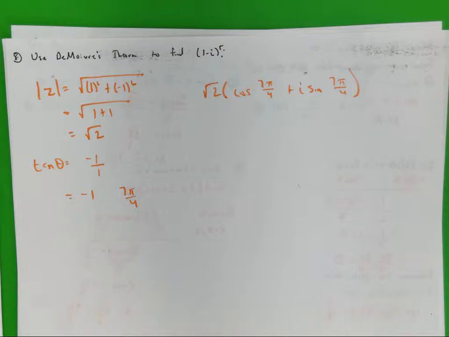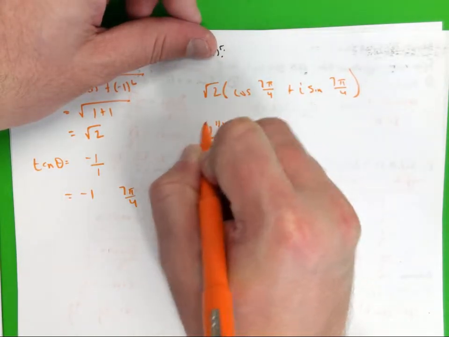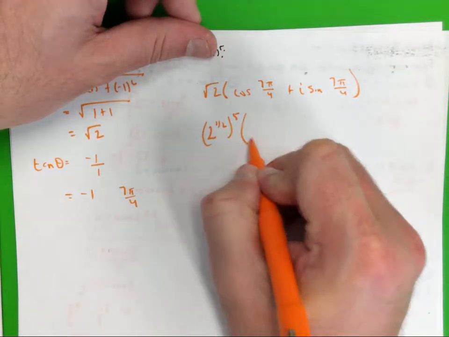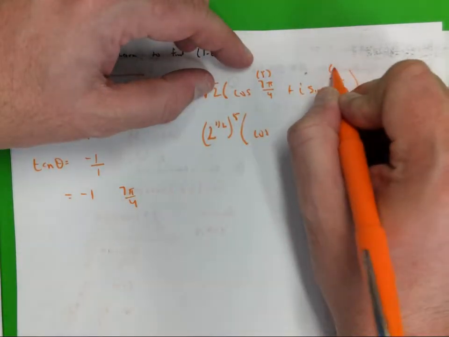Okay, now, to expand this. Remember, what do we do with this 5? We raise this to what? 5, and then multiply both of these by what? 5. That's what you do. Raise that outside to 5. Now, how can I rewrite square root of 2? So 2 to the 1/2, I'm going to raise it to the 5th. Cosine, now I'm going to multiply this by 5, this by 5.